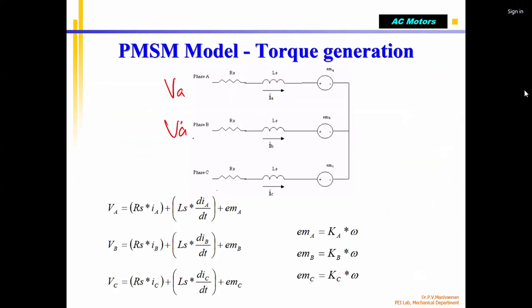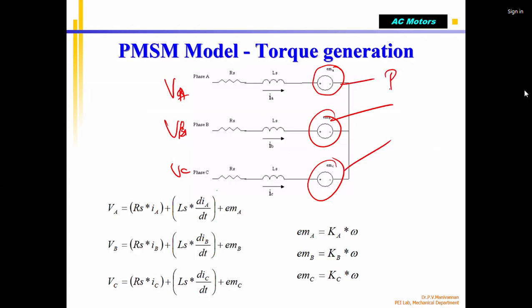Because of the current, a magnetic flux is created, which we already call MMF. Apart from that, there is another EMF, called back EMF, induced in the stator coil due to flux from the rotor. The rotor is a permanent magnet and it is rotating.